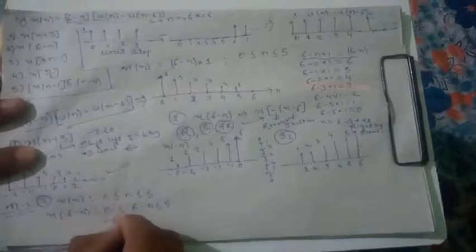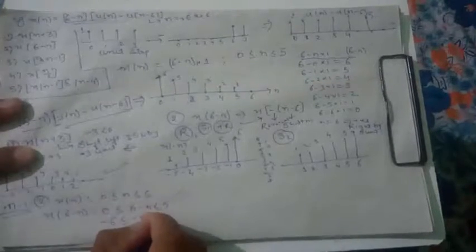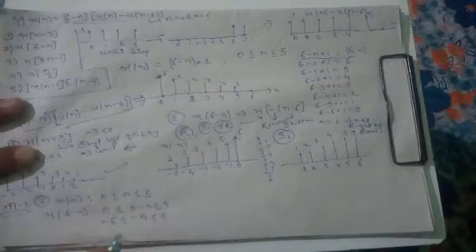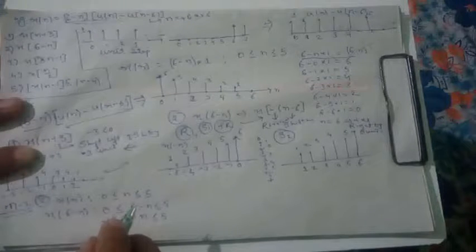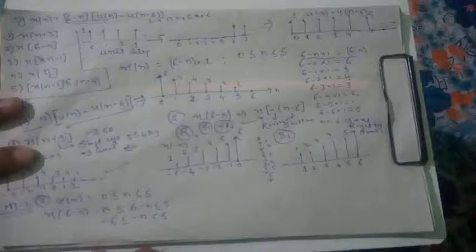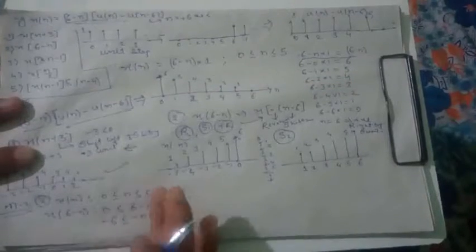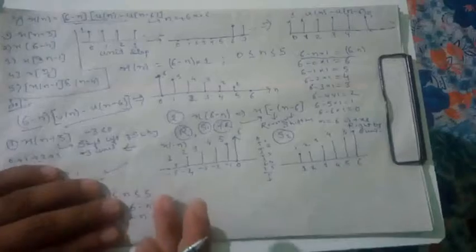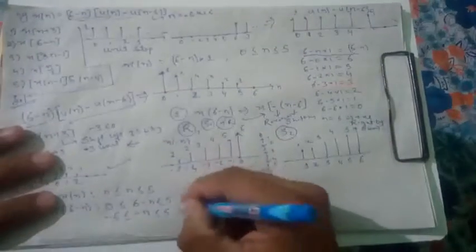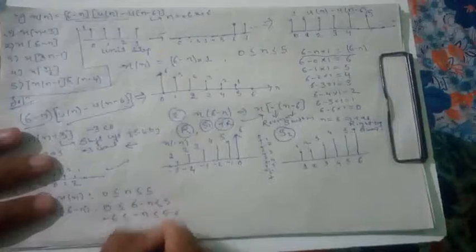On solving, we transfer the 6, so minus 6 is less than or equal to minus n, less than or equal to 5 minus 6. So minus 6 is less than or equal to minus n, less than or equal to minus 1.